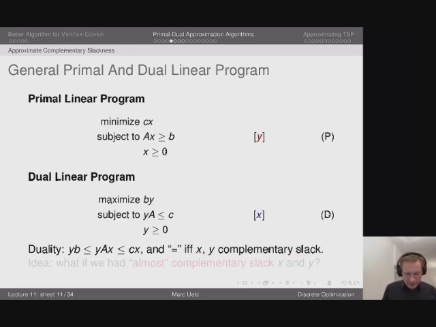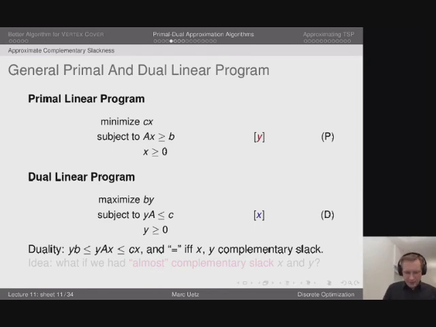And now the idea is, instead of going for equality here, so optimality, we go for something that comes close to equality here. So that means we would have inequalities in the other direction. So we would have a larger or equal here and a larger or equal also there.